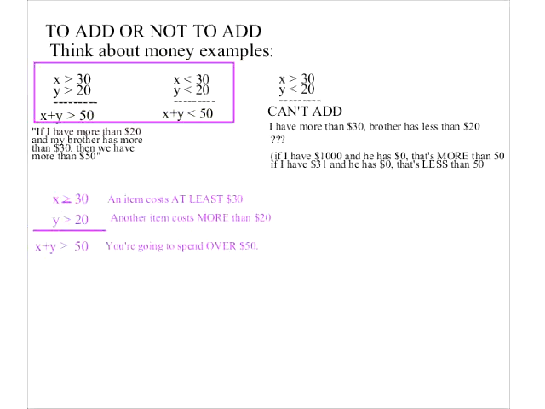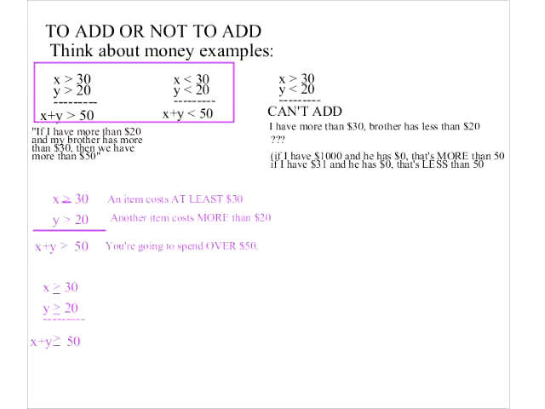But then if they are both greater than or equal to, then it's going to work out. So if you have x is greater than or equal to 30 and y is greater than or equal to 20, then in that case you're really going to get x plus y greater than or equal to 50.